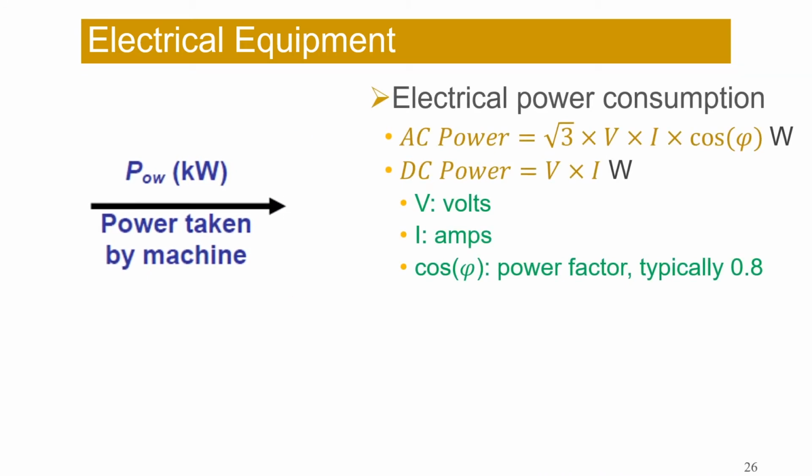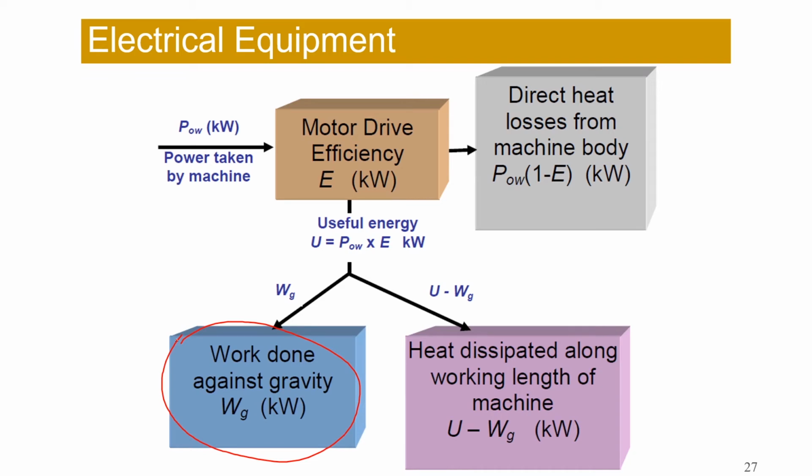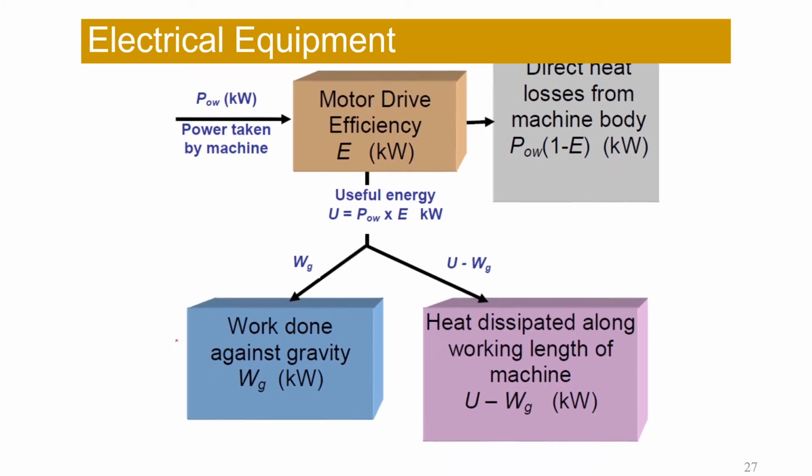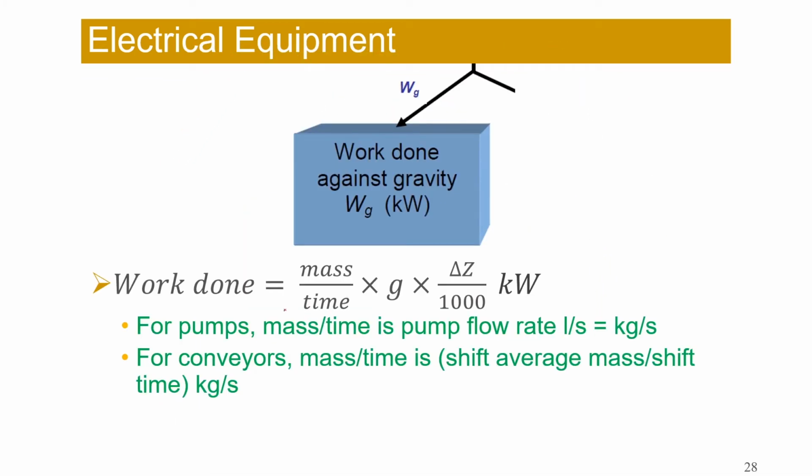The power taken by electrical equipment can be calculated if we know the voltage and amps of the equipment. For AC power, we use this equation, and for DC power, we use this equation. The work done against gravity can also be calculated as mass divided by time, times gravity, times the change in elevation, divided by 1000 to convert it to kilowatts.